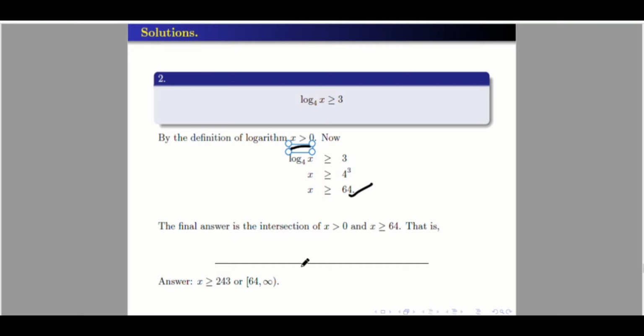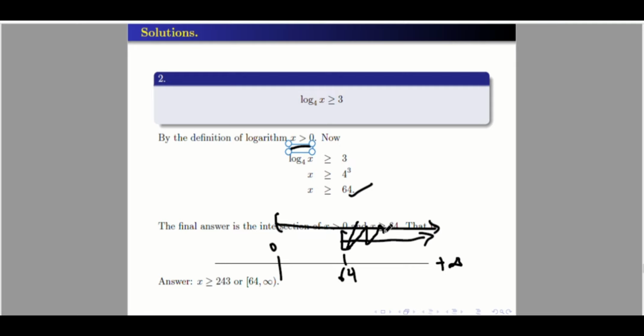Okay, if you want, you label. So this is 0, and we have 64. So 0 towards the positive infinity because greater than 0. And then 64 greater than or equal, so bracket to positive infinity because it is greater than, so towards the positive direction. So what is their intersection?